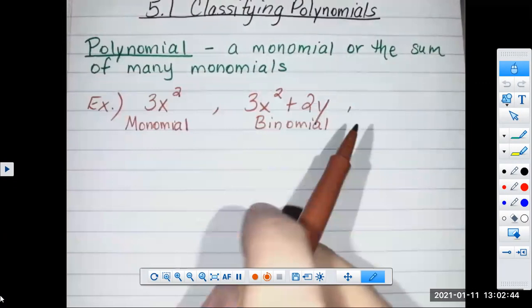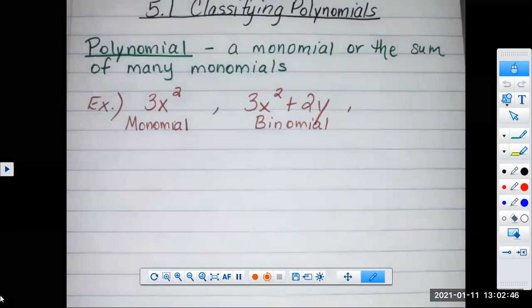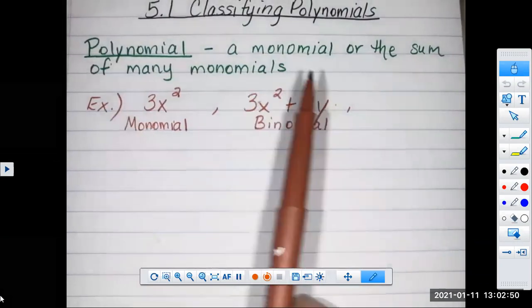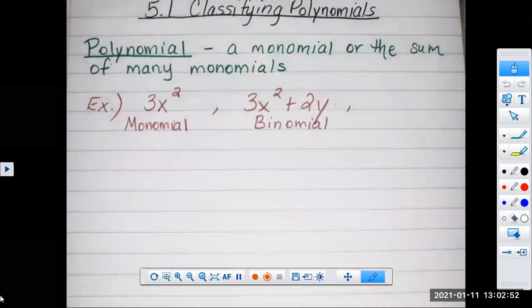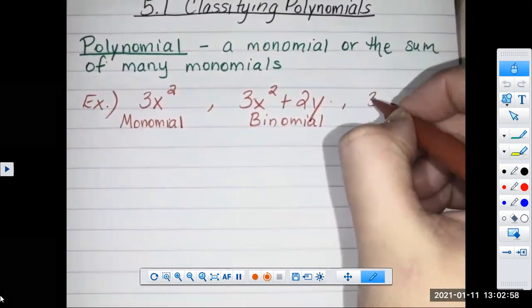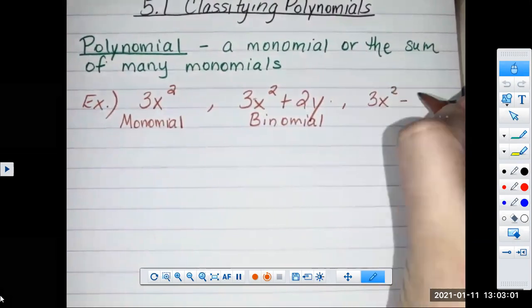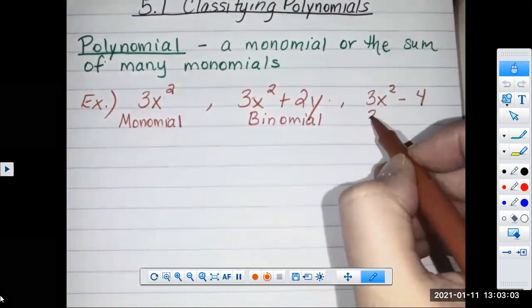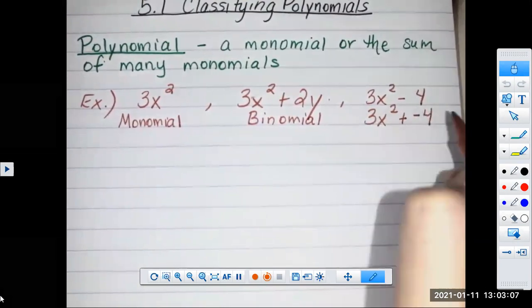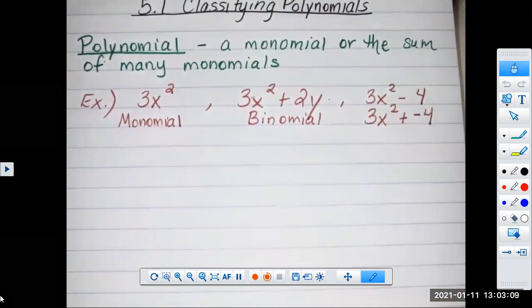But they're all under the umbrella term of polynomial. It can be one term, two terms, or the sum of however many. And the reason they say sum is because something like 3x squared minus 4 is also the same thing as 3x squared plus -4. So that's why they just say sum.